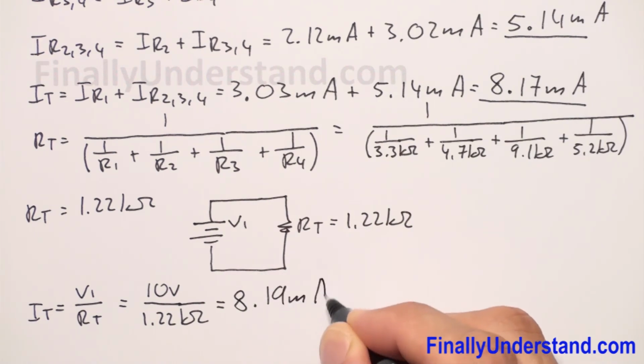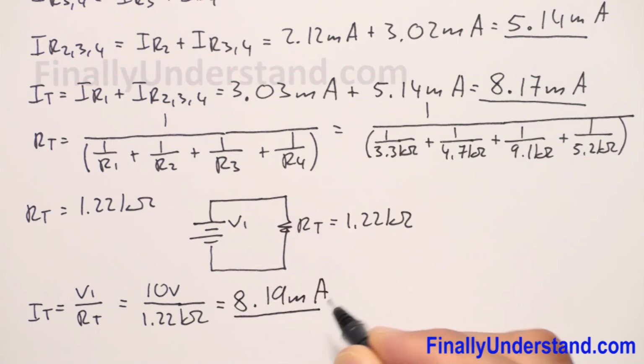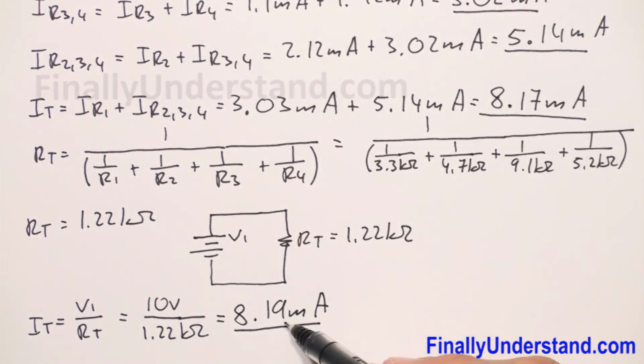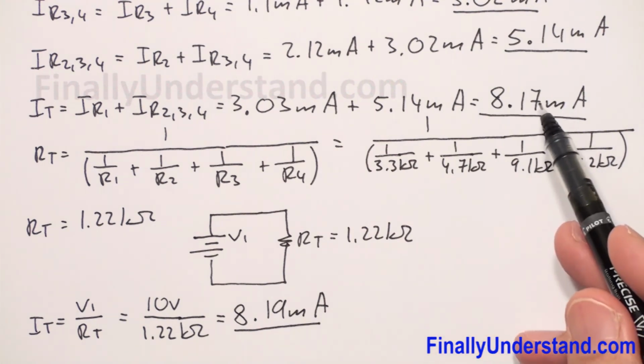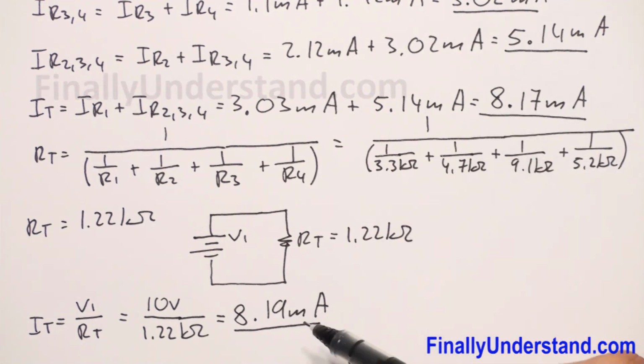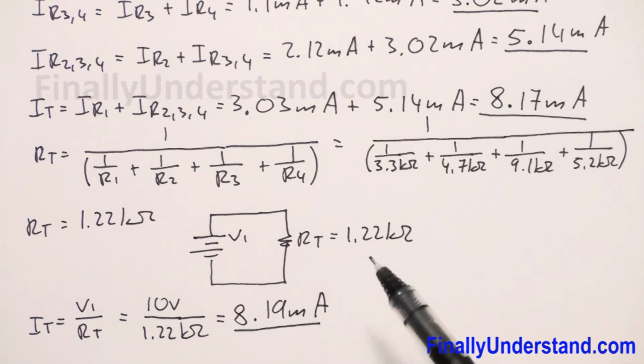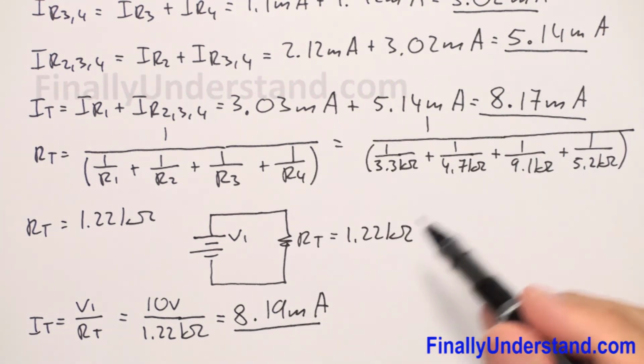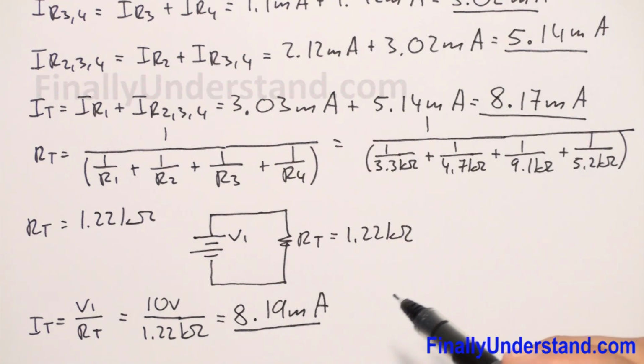Now compare this value and this one. They are very close to each other. So it means that all results which we obtained in these calculations are correct, and basically these values are the solutions to this problem.